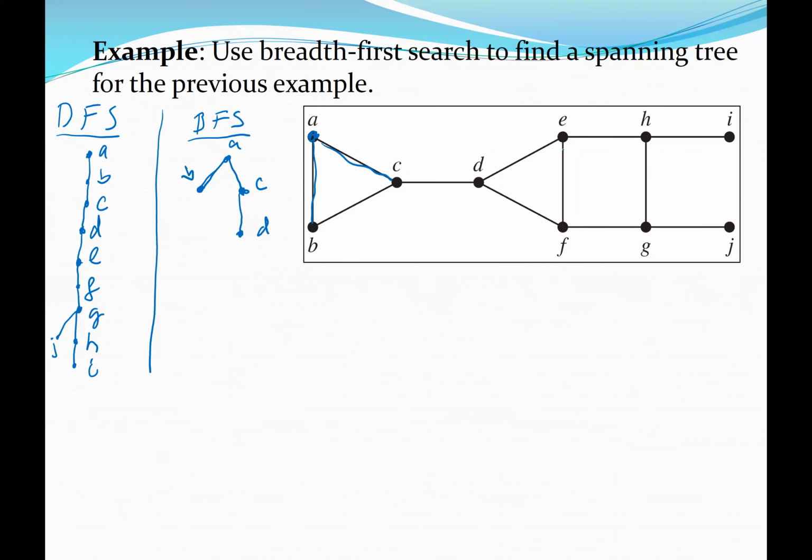And then D has E and F. That's the next layer. E will have H, and then F will have G, and then H will have I, and then G will have J.